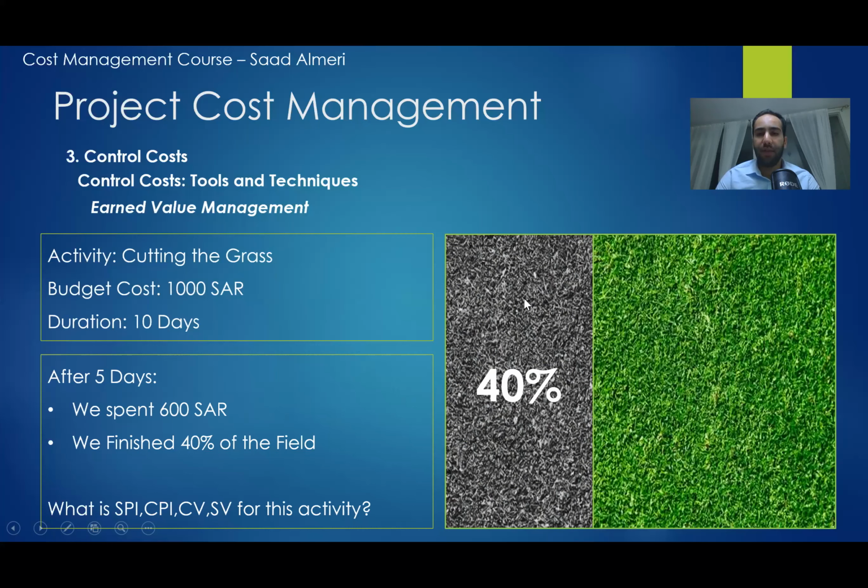I took the measures and found that we finished 40% of it, but we spent 600 riyals on this part. The task here is to calculate what is SPI, CPI, CV, and SV for this activity, to determine the status of this activity regarding the budget.